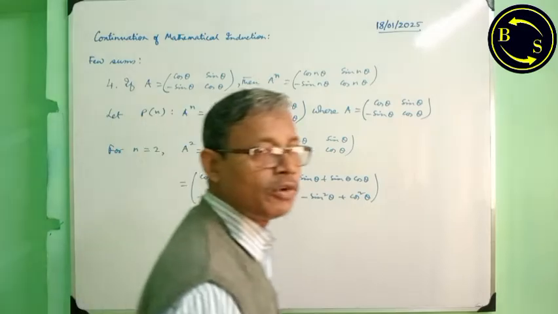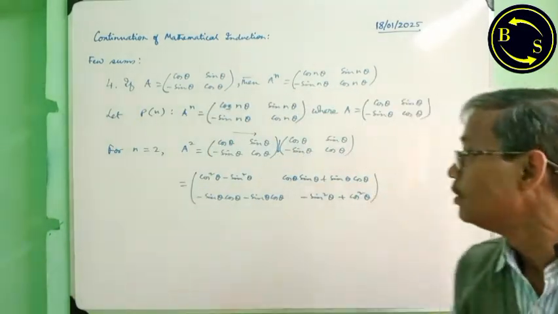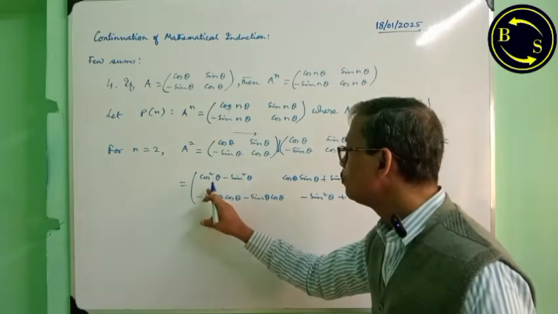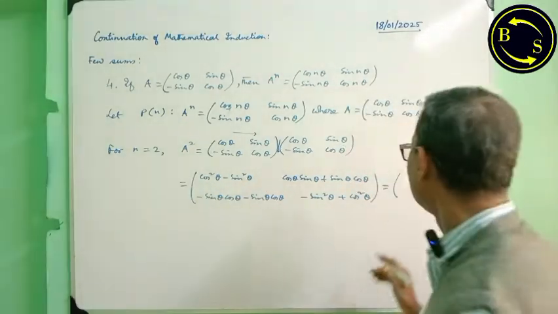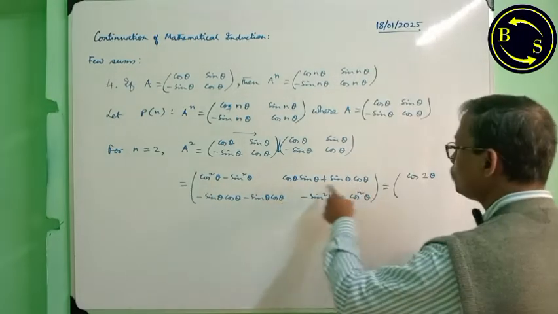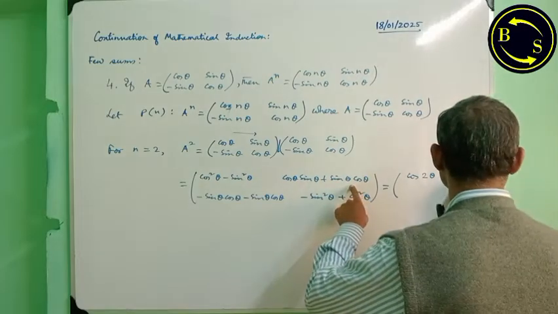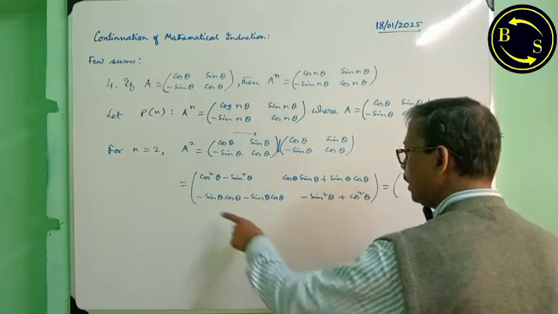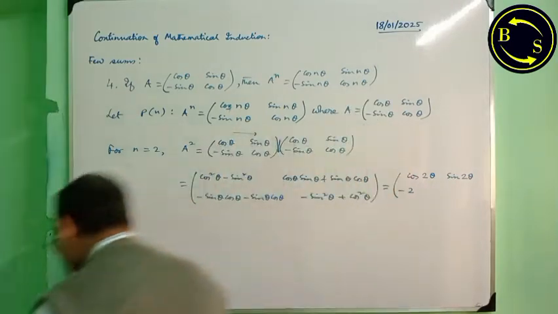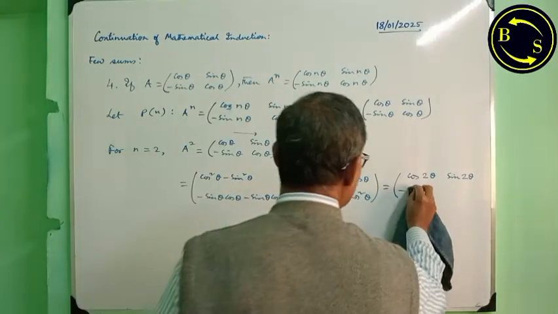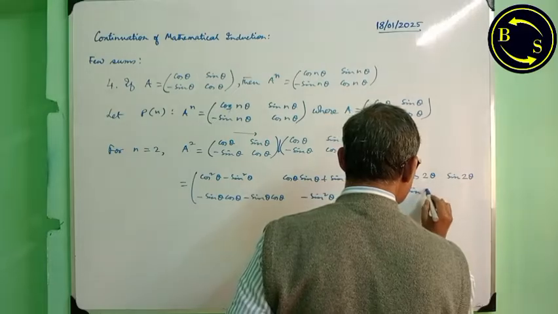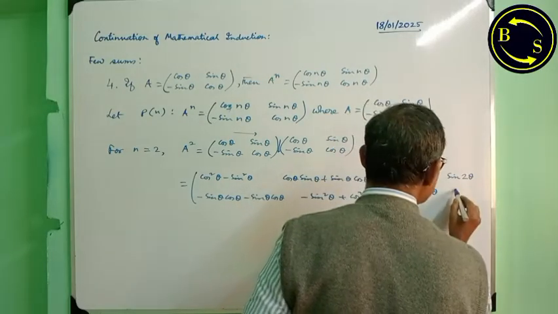This sum is very useful for the 12th standard student. Already you have learned cos 2 theta equals cos square theta minus sin square theta. Therefore this will be cos 2 theta, and this is 2 sin theta cos theta, means sin 2 theta, and this is minus 2 sin theta cos theta, means minus sin 2 theta, and this is cos 2 theta.